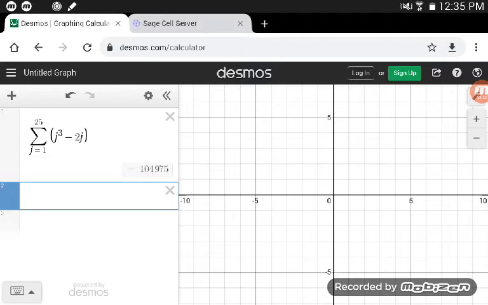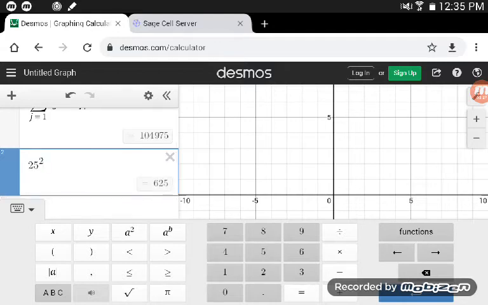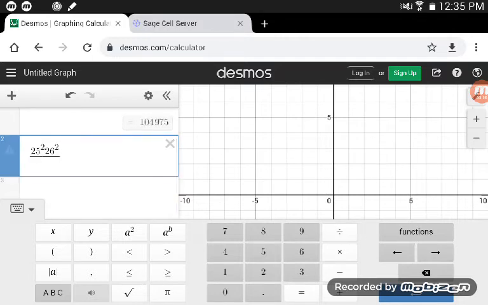We had, got to bring up my stuff here. We had 25 squared times 26 squared, and that was all divided by 4.